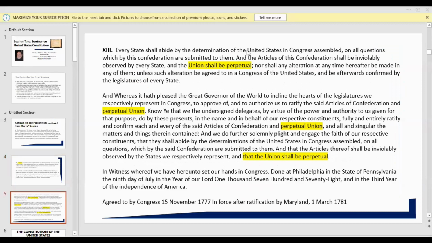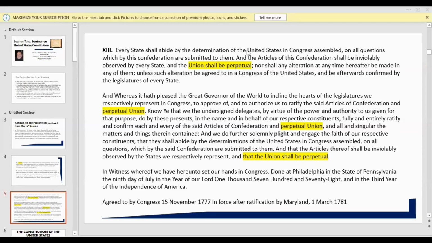Article 13. If you are superstitious, you would never create a document that has 13 articles, because as we said before, this document is just fraught with problems. But the thing I want to highlight here in Article 13, you will see the mention of the perpetual union mentioned 4 times in this article and 1 time at the very beginning of this document.